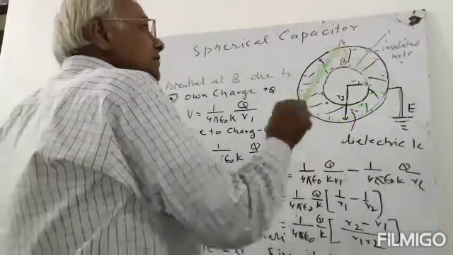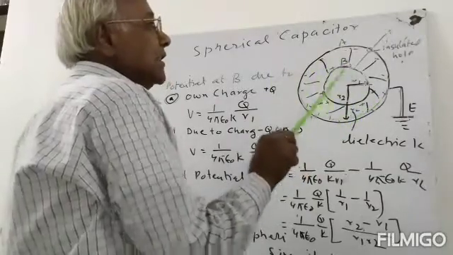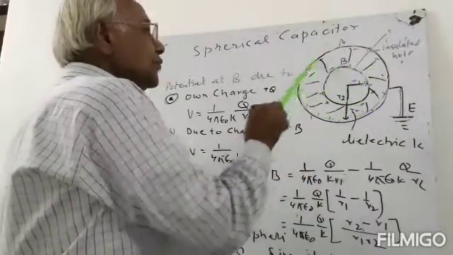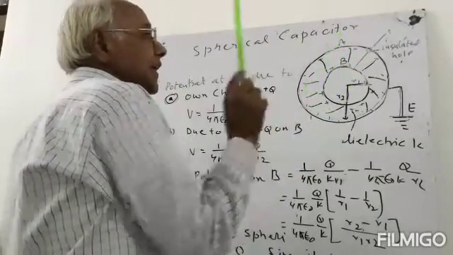So there will be only negative charge inside the spherical shell whose radius is R2.